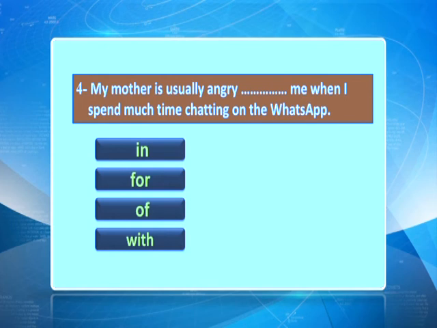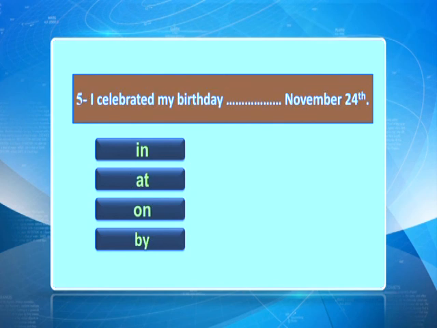So angry, in, for, of, or with. We just explained it. We say it's angry with. One last example. I celebrated my birthday November 24th. Here we have a date. Normally we use in or at or on or by. We say on before dates.